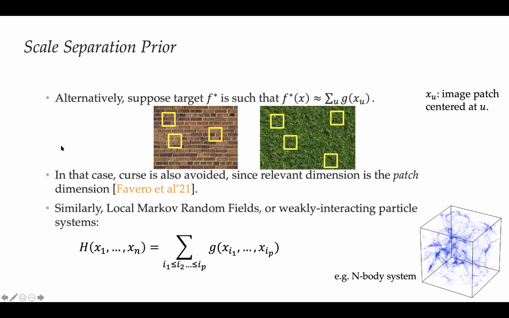There's another instance where we have this notion that the function we're interested in can be thought of as basically something that is linear with respect to local potentials. And this is really at the core of modeling with local Markov random fields.